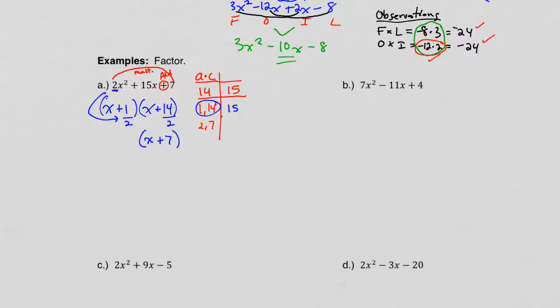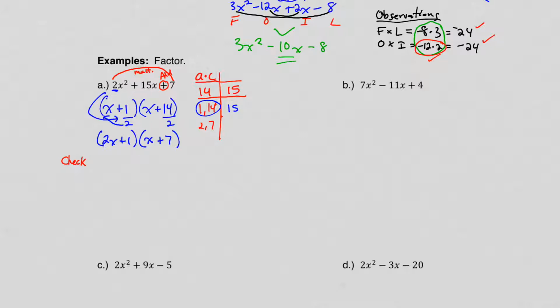There's our answer. But since we can't divide 2 into 1, this 2 is just going to come right back up to the front. And there's our answer.